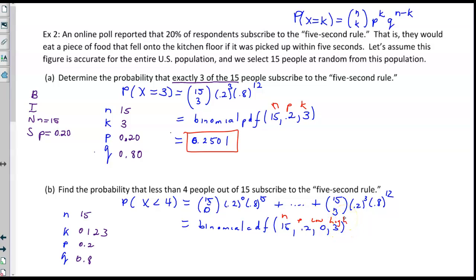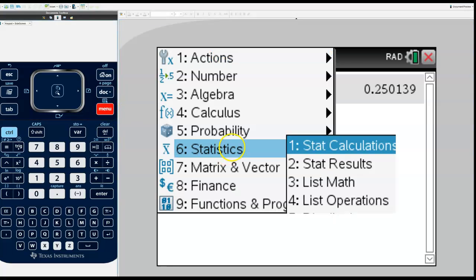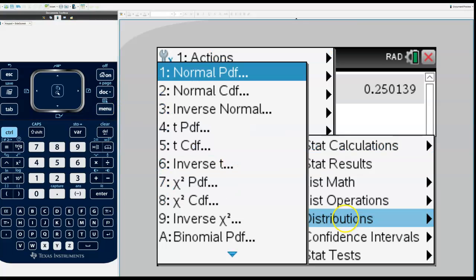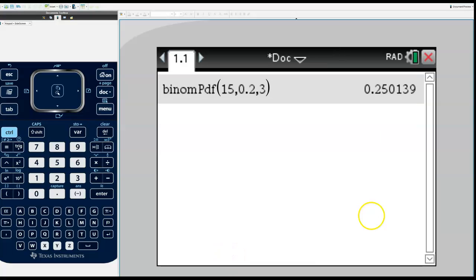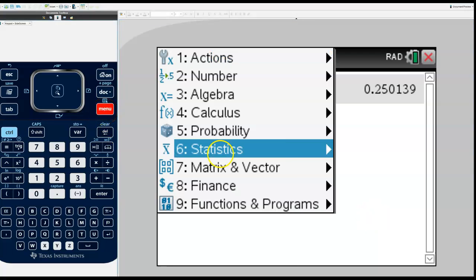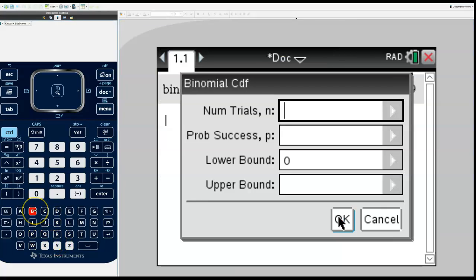So now we're going to go into our calculator. Menu, statistics, distributions, option, scroll down, whoop, goes too fast. Menu, statistics, distributions. I know it's B because this calculator is pretty sensitive, so I don't want to waste time.